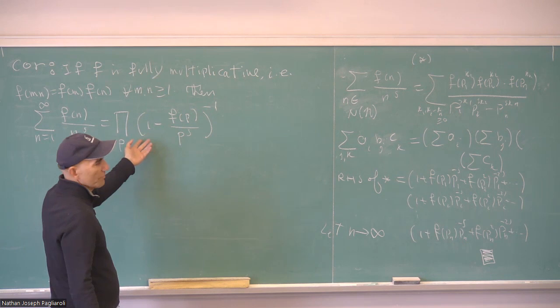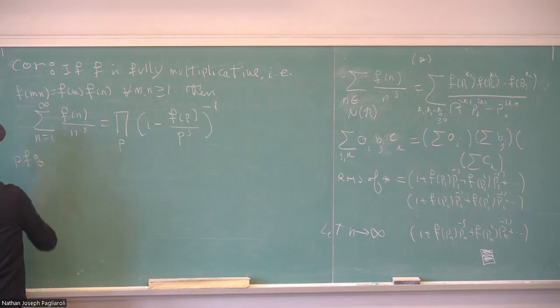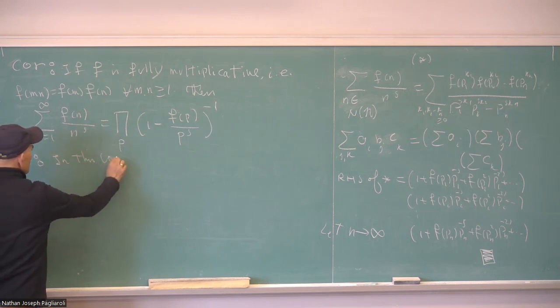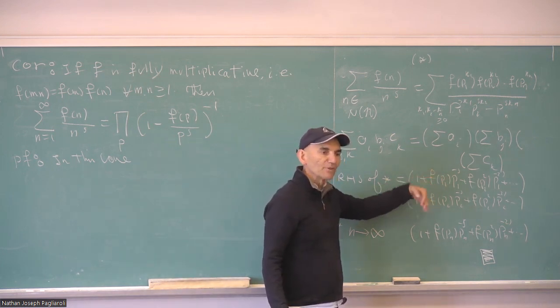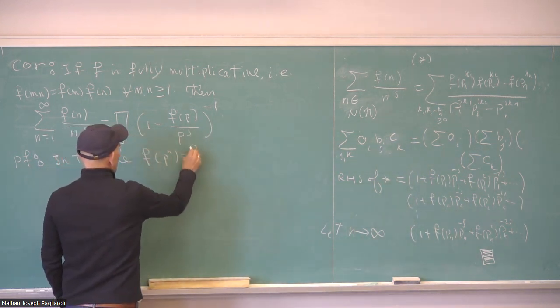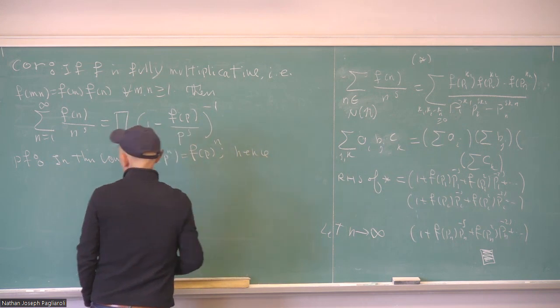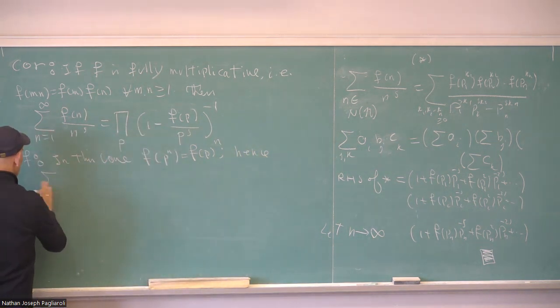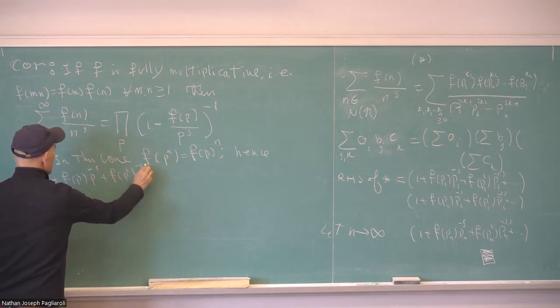But now you have a proof. In this case, you can actually write f of p to the n is equal to f of p to the n, because it is fully multiplicative. Hence, the sum is 1 plus f of p times p to the minus s, plus f of p squared times p to the minus 2s, and so on.